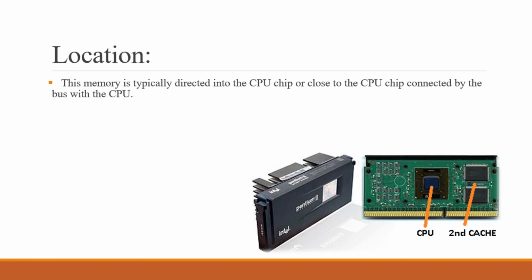So, overall, the location of cache memory depends on the specific use case and the design of the computer architecture. However, regardless of its location, the purpose of cache memory remains the same: to improve the performance of the computer by storing frequently accessed data for faster retrieval.